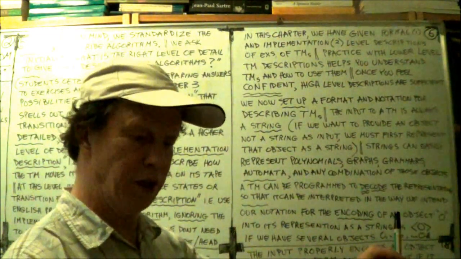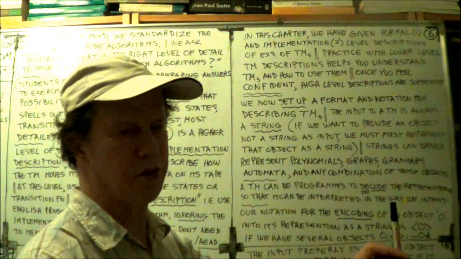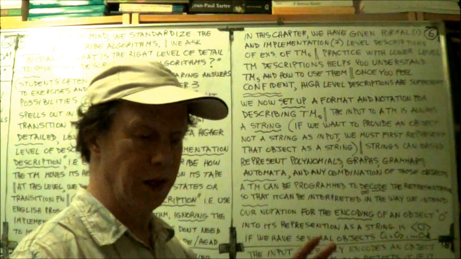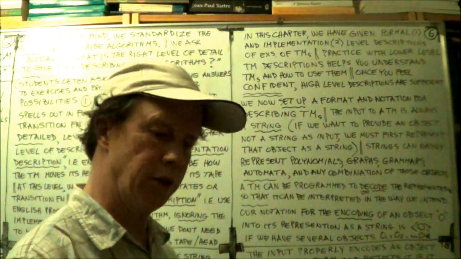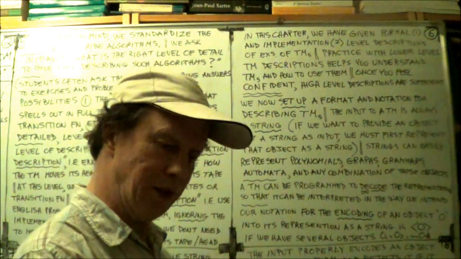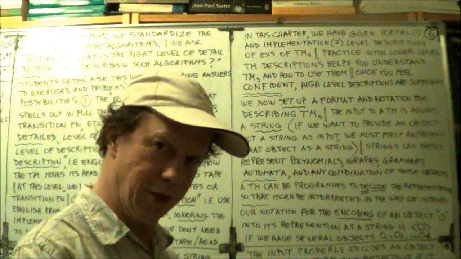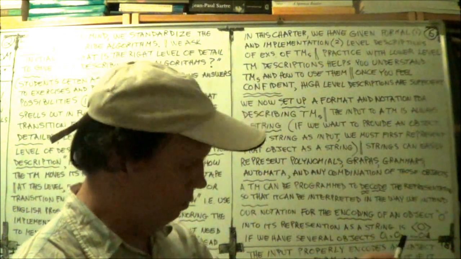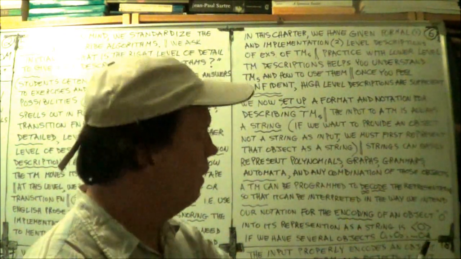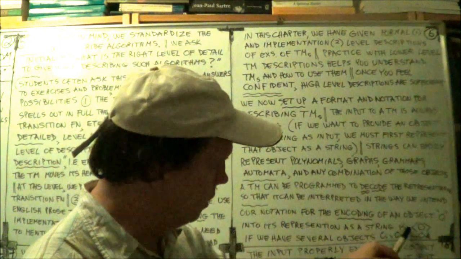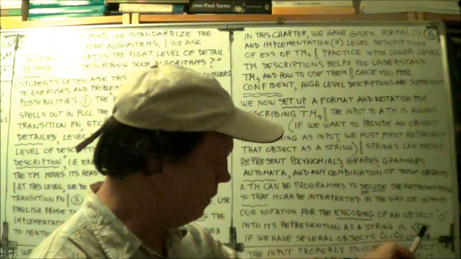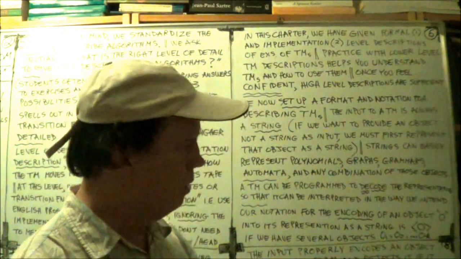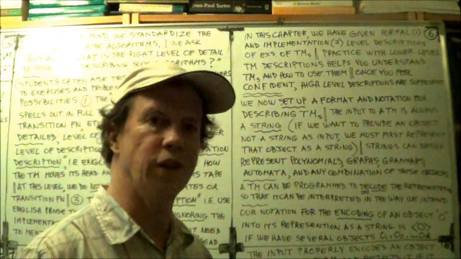You've put your information into string form. Maybe your string is a binary string, so you're representing information in terms of zeros and ones. So that object O, the representation, the encoding, is written this way. This is the notation, just angular brackets with the O in the middle, right?